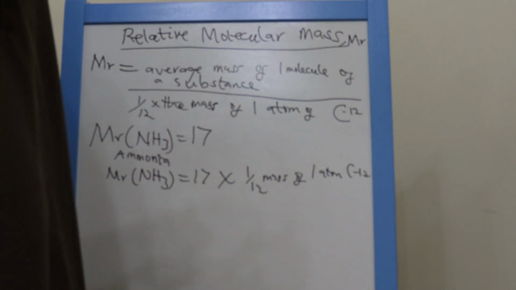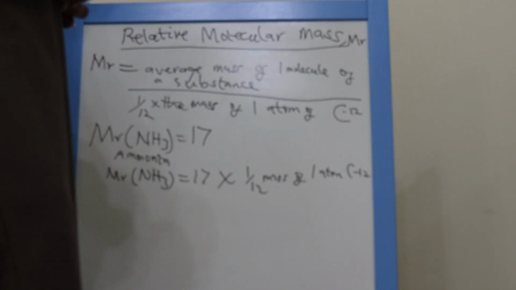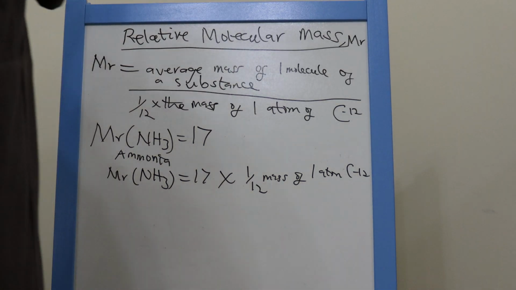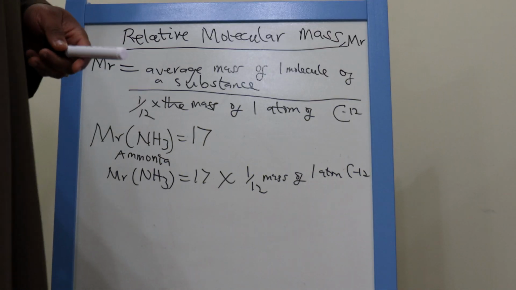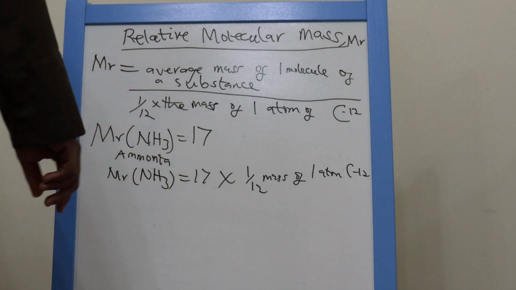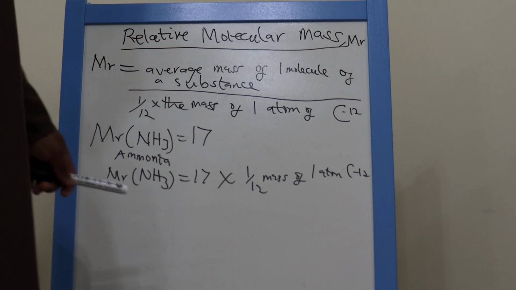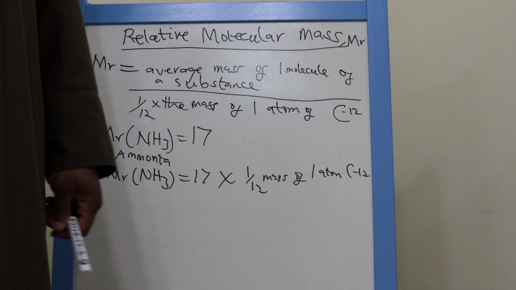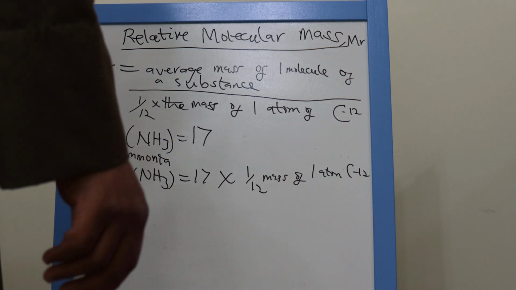So when you turn the comparison around, when you have 2 over 1, you say it's 2 times as that of 1. So this is what it implies. We will be doing some calculations later to understand what I mean by relative molecular mass and how to calculate it.